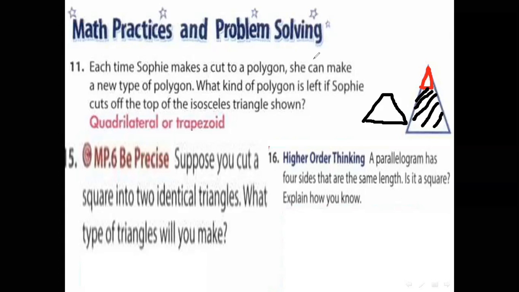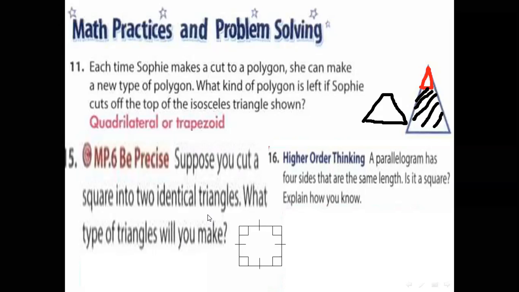Okay, after that, question number 15: suppose you cut a square into two identical triangles. If I have a square like this, all of you know the square, all sides are the same length and I have four right angles. What type of triangle will you make?